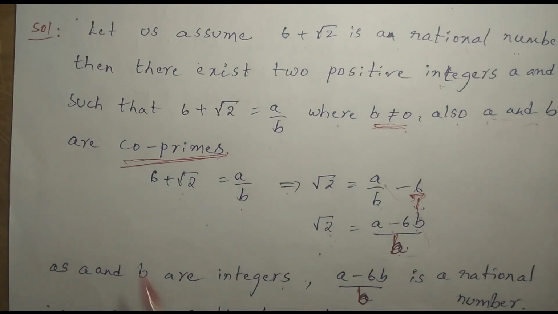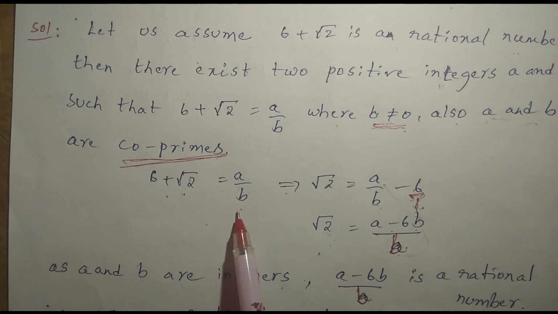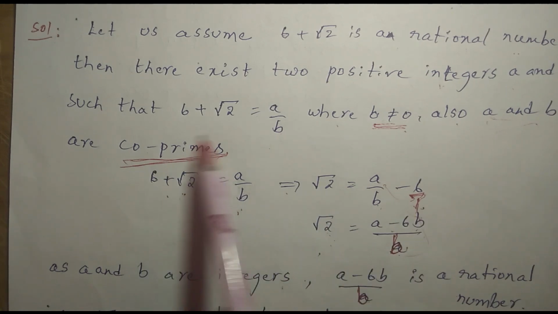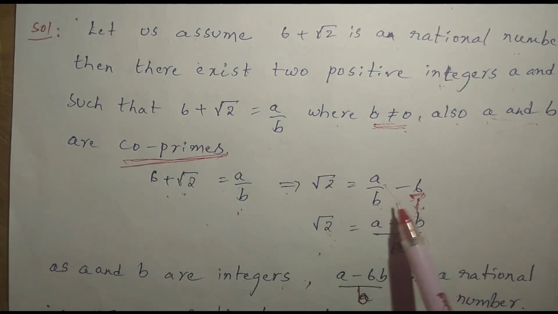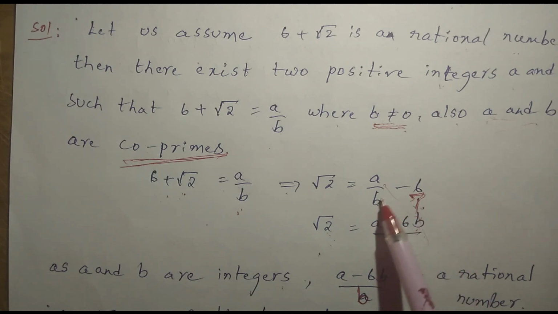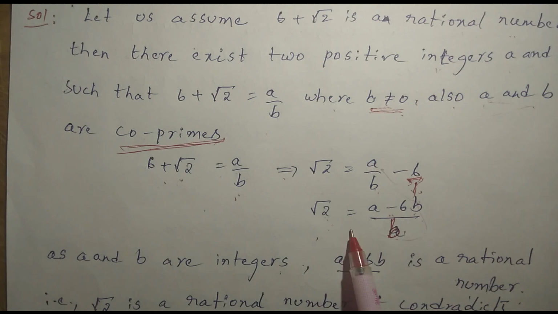Then we can write 6 plus √2 equals a by b. It means √2 equals a by b minus 6. We can transpose the 6 to the right side. Then a by b minus 6 can be written as a minus 6b by b using LCM. Then √2 equals a minus 6b by b.